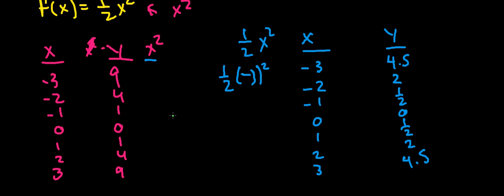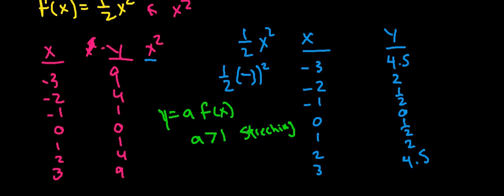And we can make up little rules. So say for vertical compression, we have y is equal to a times some function. When a is greater than 1, we're going to have stretching. Because when there's a number bigger than 1, that means that when I put in 1, I'm going to get something greater than 1.